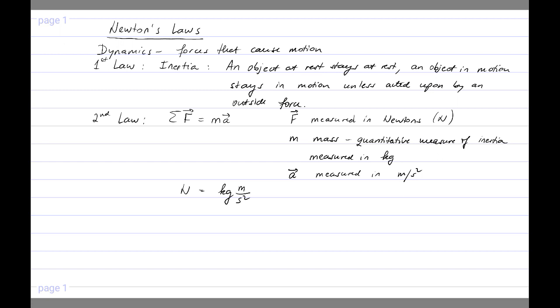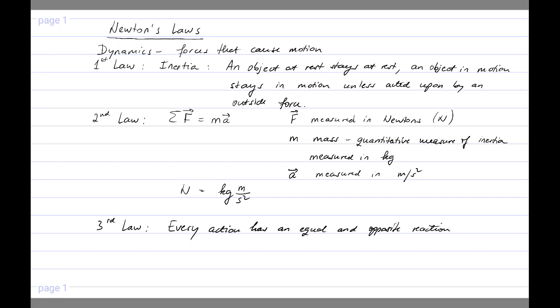All right, the third law says that every action has an equal and opposite reaction. So what this means is that if I push against a wall, the wall is really pushing against me.